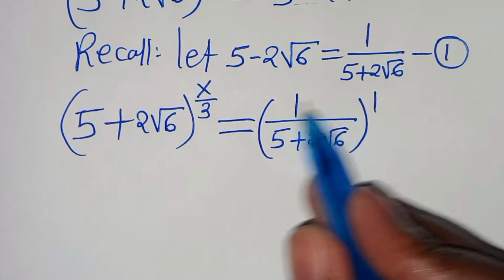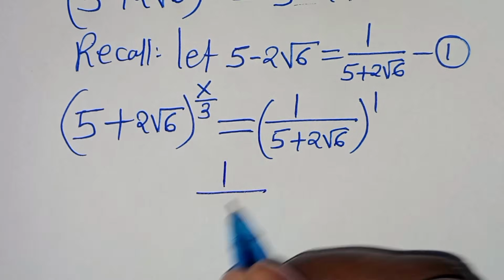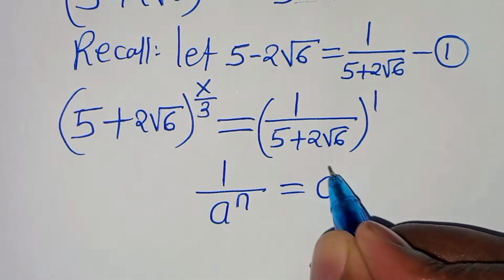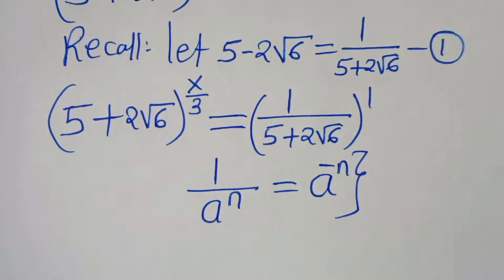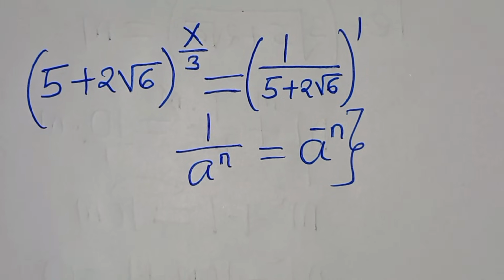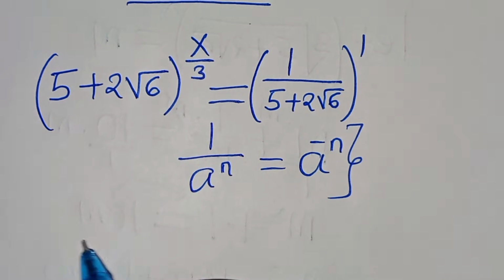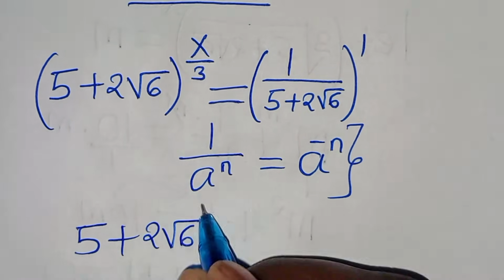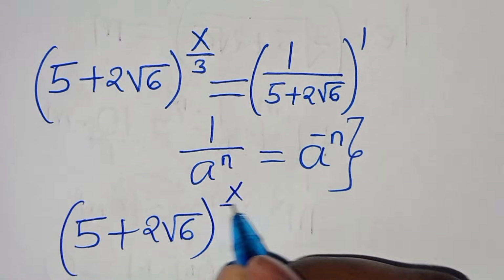The next step is that this is in the form of 1 over a to the power of n, which we can express as a to the power of minus n. Applying this property, then we have 5 plus 2 root 6 raised to the power of x over 3.